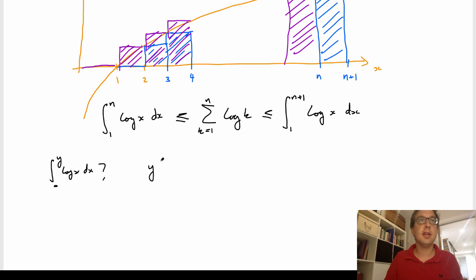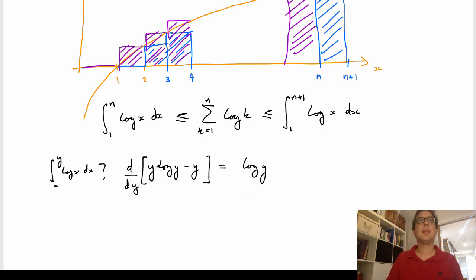So notice if I consider y log y minus y, and I differentiate this with respect to y, I'm going to get one lot of log y when I apply the chain rule, and then when I differentiate the log y bit, I'm going to get y times the derivative of log y, which is 1 over y, so y times 1 over y, which is going to be equal to 1, and then I'm going to get the derivative of this, which is just minus 1.